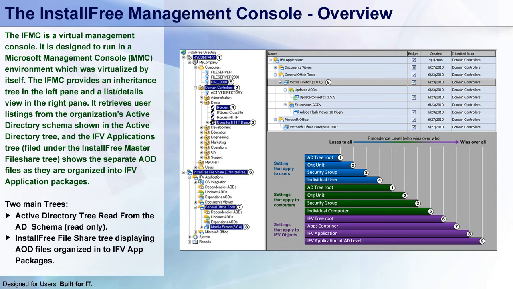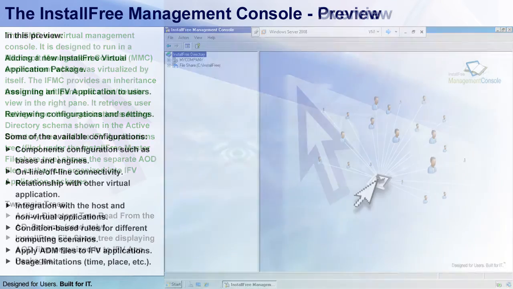For instance, which file share to connect to under different IP address ranges, and even based on the host's OS version for cases in which the applications should be configured differently when working off a terminal server, for instance, as opposed to a regular desktop machine. And now, let's take a look at how the IFMC functions and works.